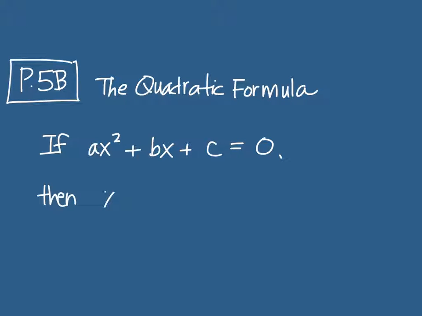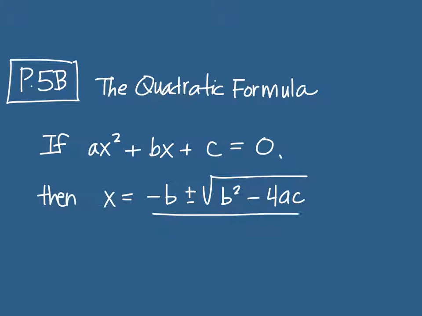So x equals negative b plus or minus the long square root of b squared minus 4ac all over 2a. So you may know the little song. X equals negative b plus or minus the square root b squared minus 4ac all over 2a. All right, that is the quadratic formula.